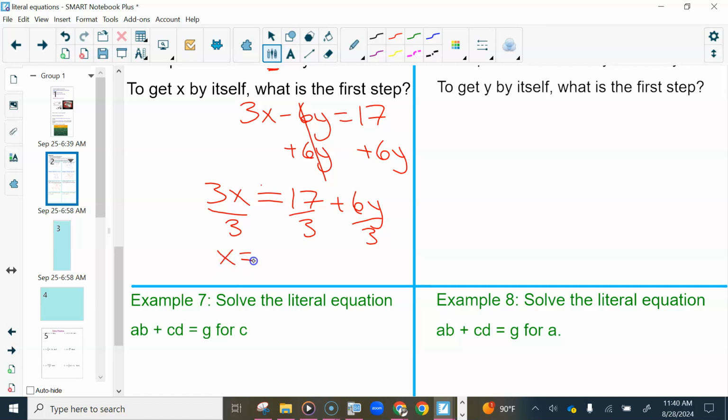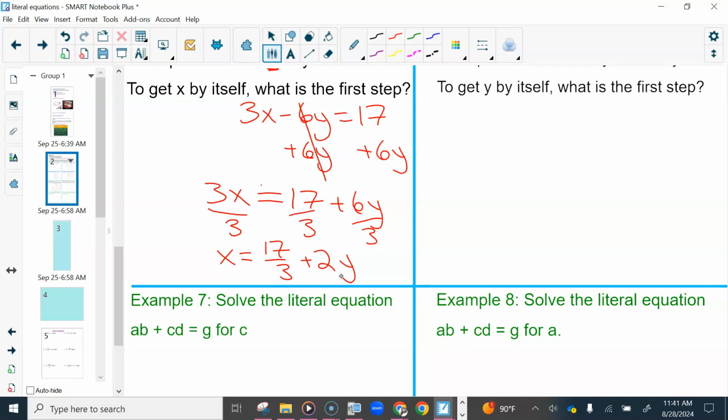So we get x equals, this won't be a nice number, leave it as a fraction. And then this we can simplify. Questions on that one?